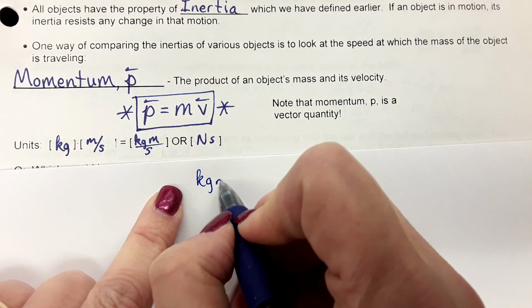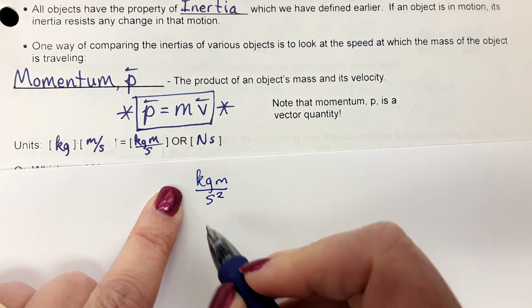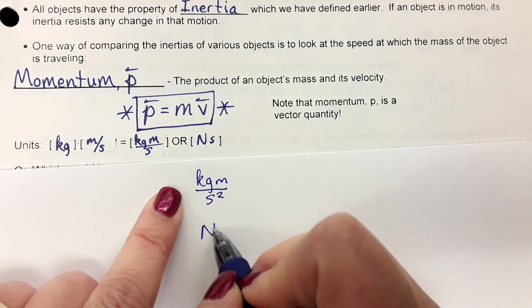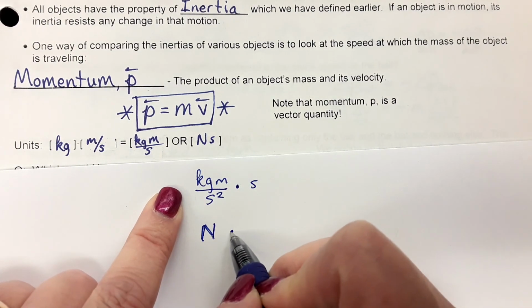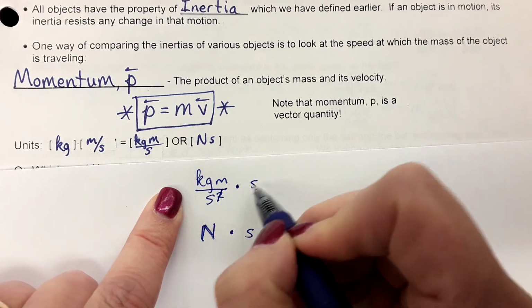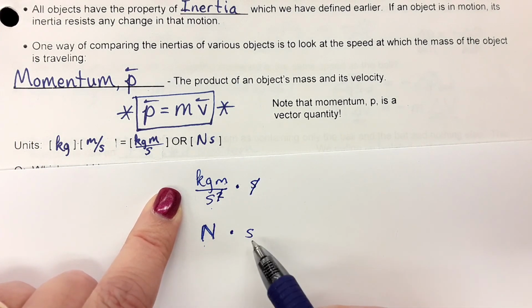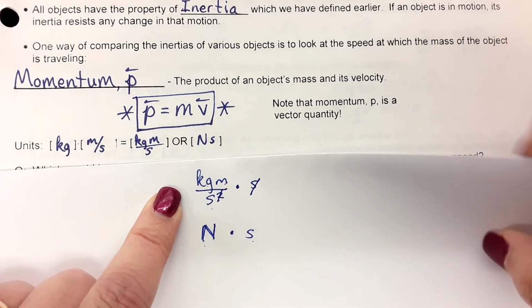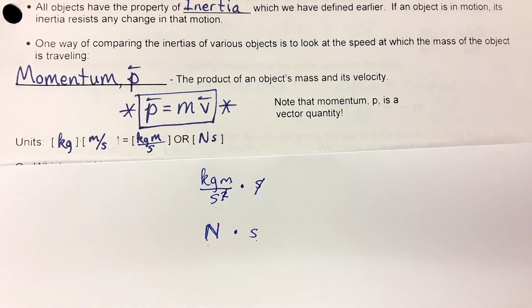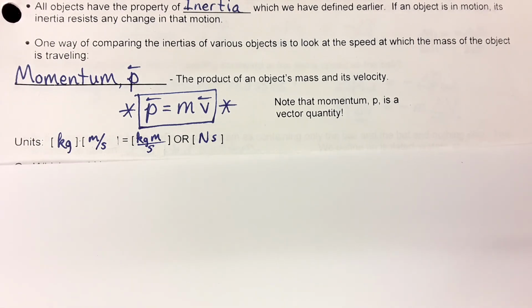A kilogram meter per second squared is a Newton. So if you multiply that by a second, then you get a kilogram meter per second. So a Newton times a second is a kilogram meter per second. So that's why we can also say Newton seconds. I don't really mind whichever one you use. That's up to you. I prefer Newton seconds because it's quicker.